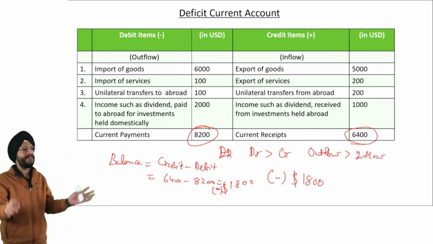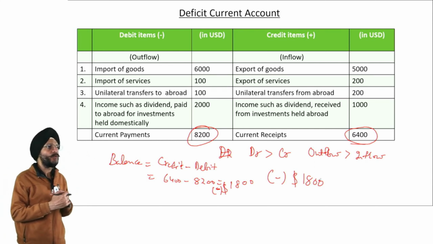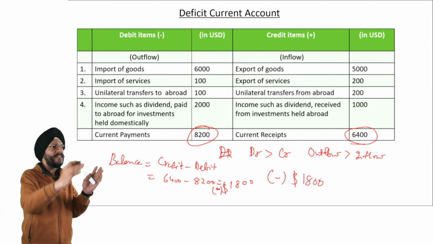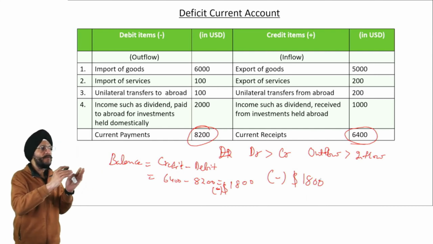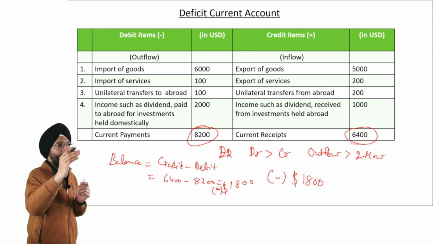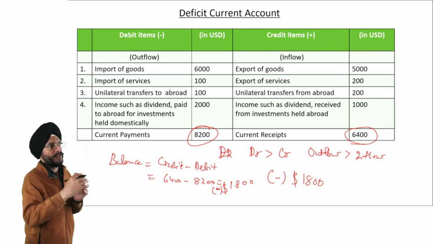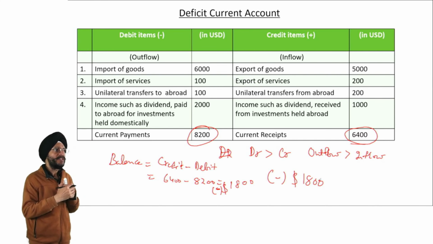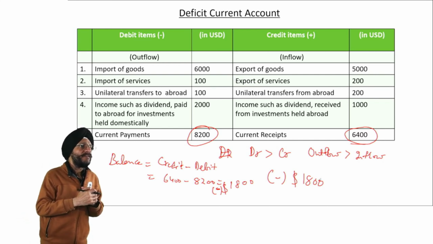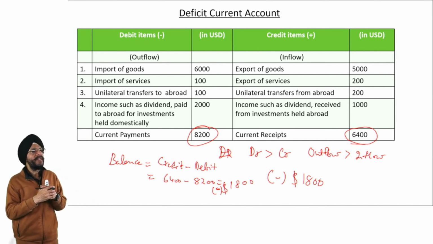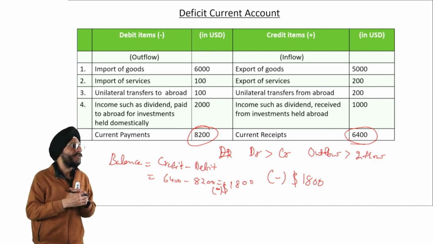Now what does this deficit current account show? This shows that the country is a net importer. That is, it is importing more in comparison to its exports. It also shows that the country is a poor or a developing country.